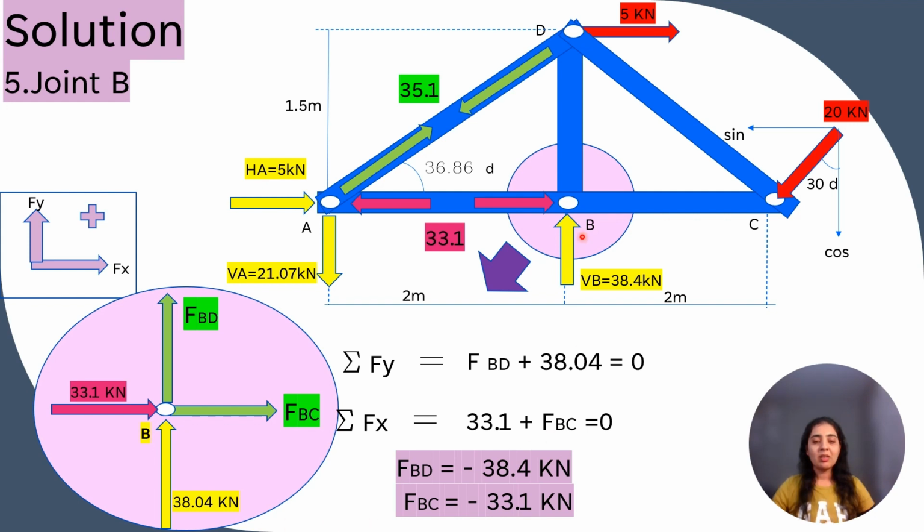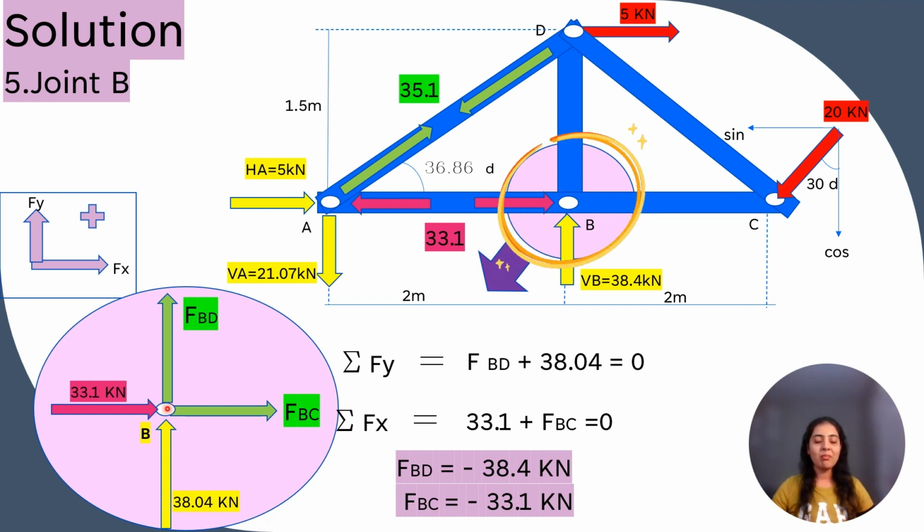Then we assume the force in member BC as tensile force, so it is acting away from the joint. So FBC. And there is one more member BD. So let's assume it as a tensile force.